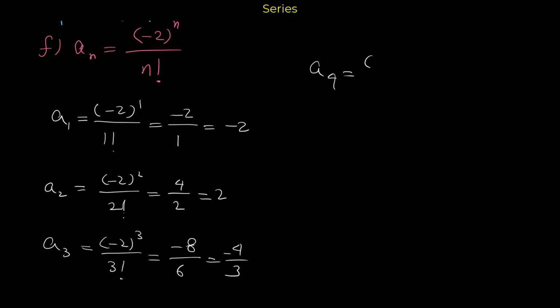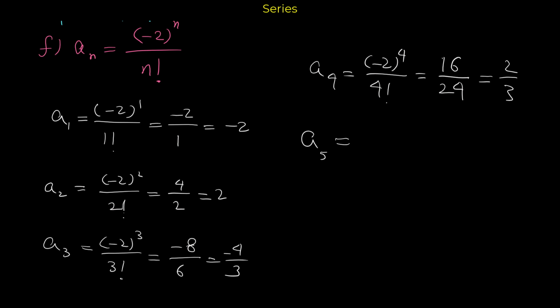The fourth term is (-2)^4 over 4 factorial. This is 16. 4 factorial is 4 times 3 times 2 times 1, which is 24. If you simplify top and bottom by 8, it's 2 over 3.